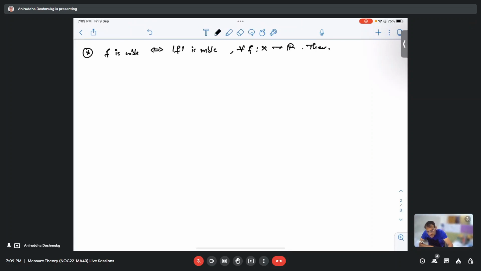Then the sigma algebra, our measurable space, is equal to the power set of X. We have to prove this.